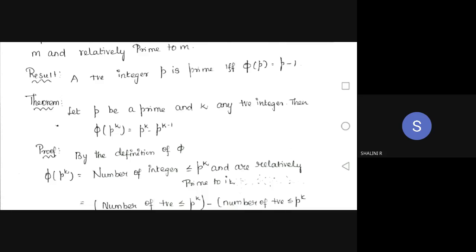Another theorem: let p be a prime and k any positive integer, then phi of p to the power k is equal to p to the power k minus p to the power k minus 1, which was proved.